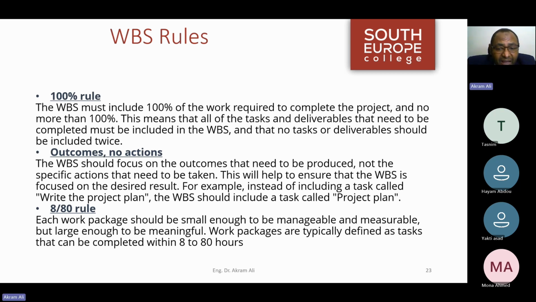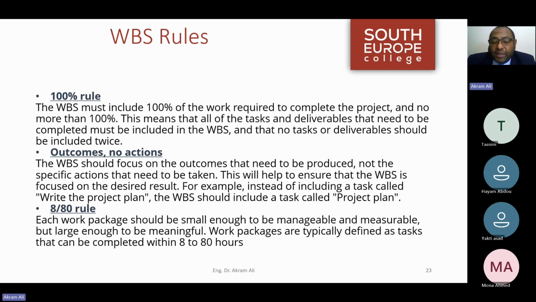So we have our 8/80 rule, and our 8/80 rule states each work package should be small enough to be manageable and measurable, but large enough to be meaningful. Work packages are typically defined as tasks that can be completed within 8 to 80 hours.